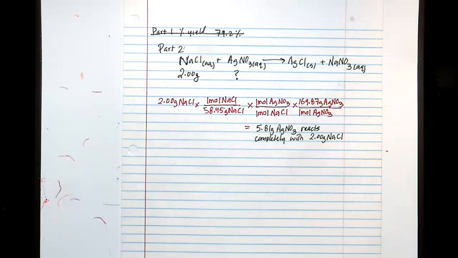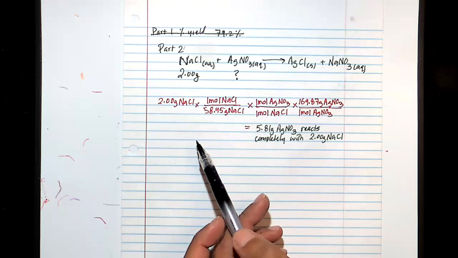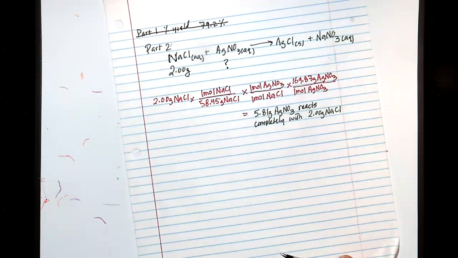Where are you getting that 0.034? That was what I had originally gotten when I found out how many moles were in the 2 grams of NaCl. Oh, you're saying they have to equal the same. Oh, I see what you're saying. So 2 grams is 0.03 moles.